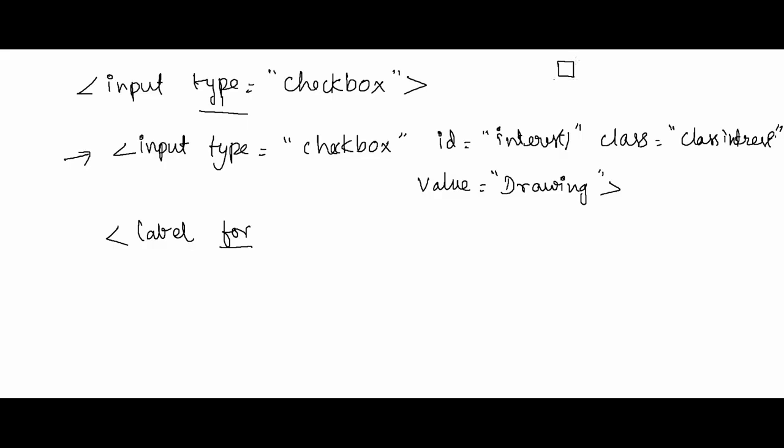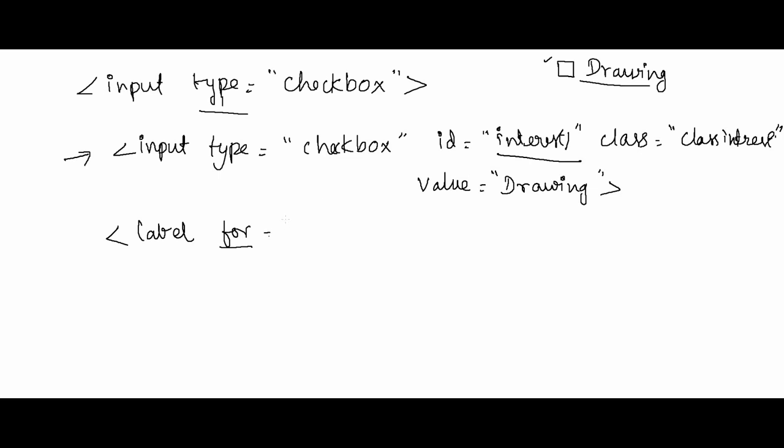For what purpose is this checkbox used? We want to give some text here, so for that purpose we are using label. Here I am going to give drawing. This is my label for this checkbox, and this checkbox ID is interest 1.